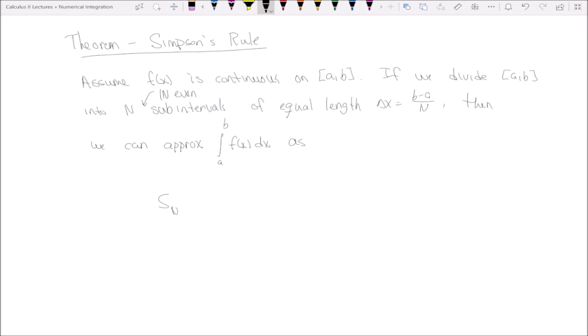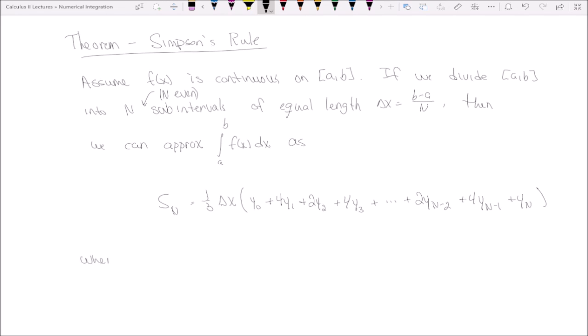that n is even. All right, then we get S sub n equals 1/3 delta x times y0 plus 4y1 plus 2y2 plus 4y3, so on and so forth, plus 2y sub n minus 2 plus 4y sub n minus 1 plus y sub n.